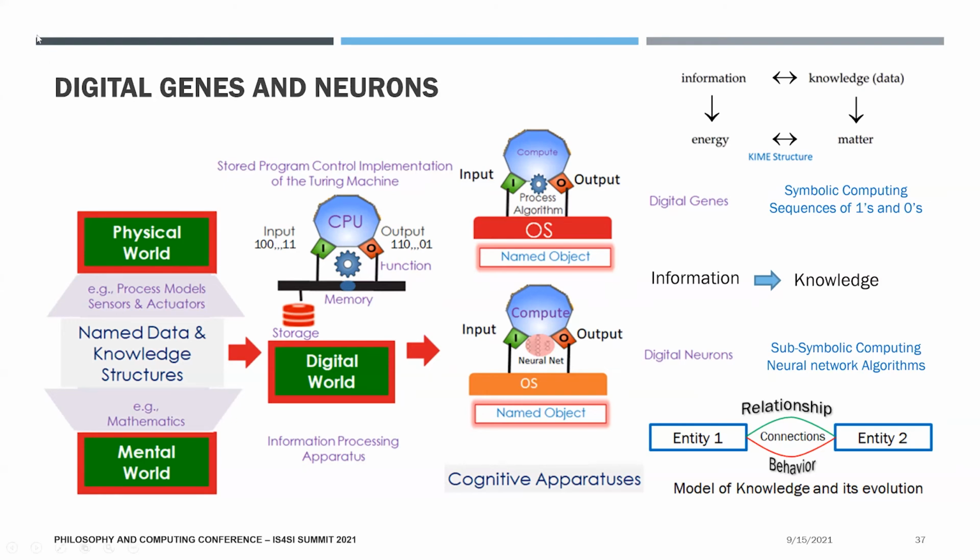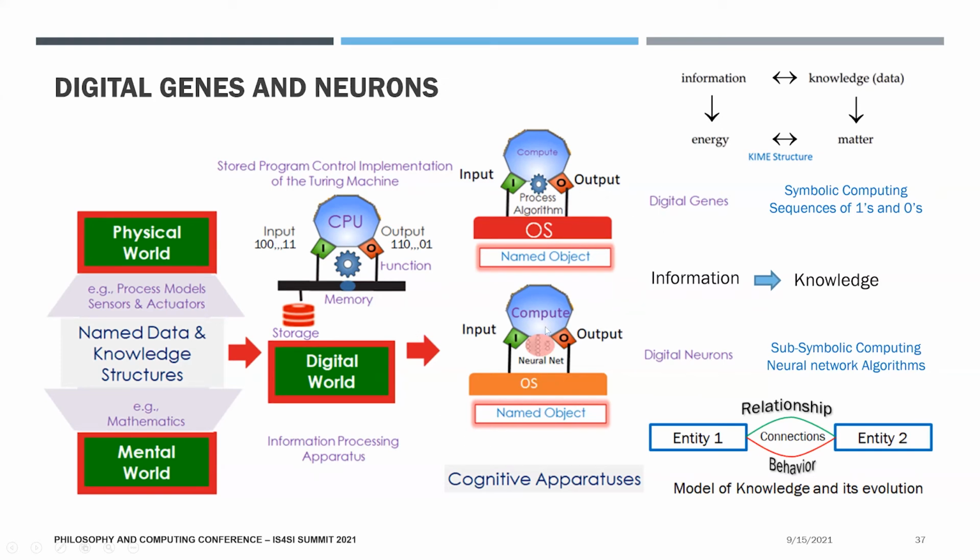So here is your physical world, and you have a lot of knowledge and information that will be converted into knowledge, and you have a mental world, mathematics, etc. All of this information is also going to get converted into models and knowledge. In the digital world, we use algorithmic programming as a digital gene, which is essentially an algorithmic program.